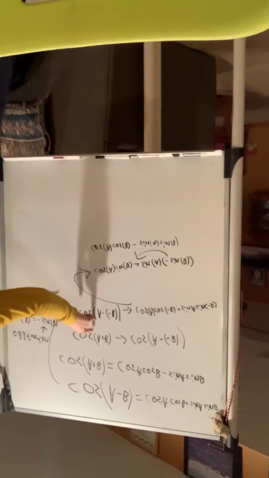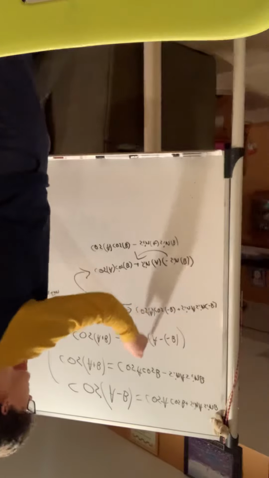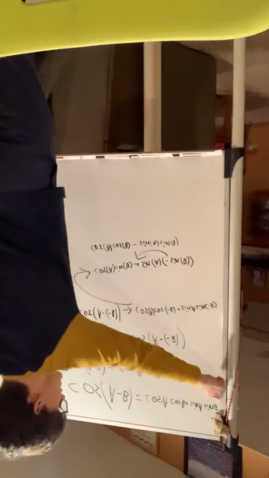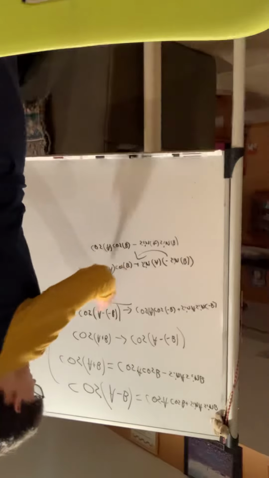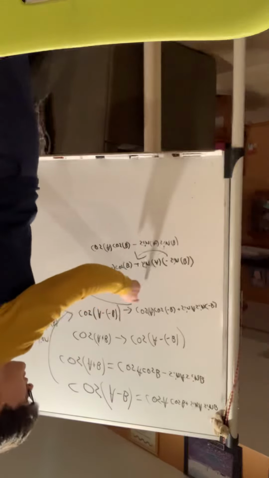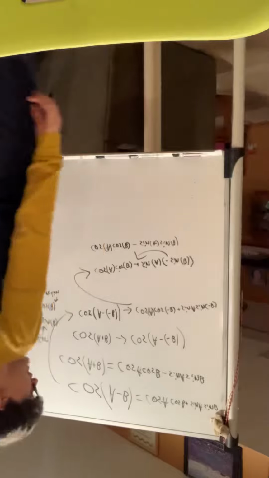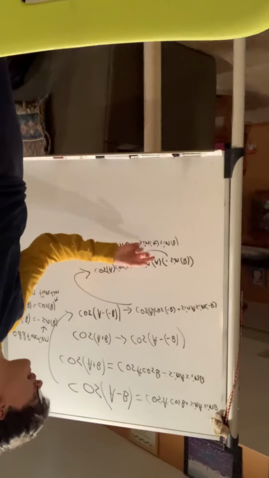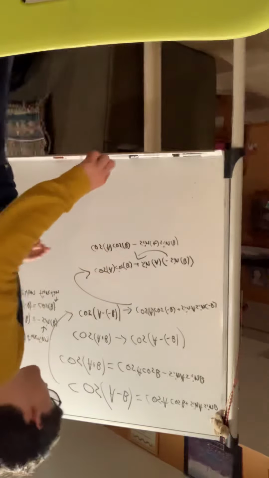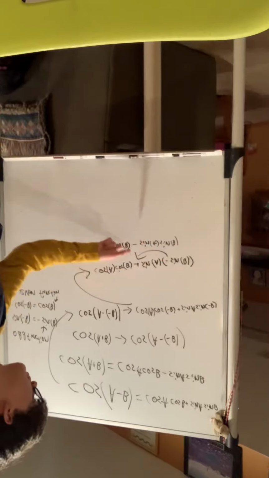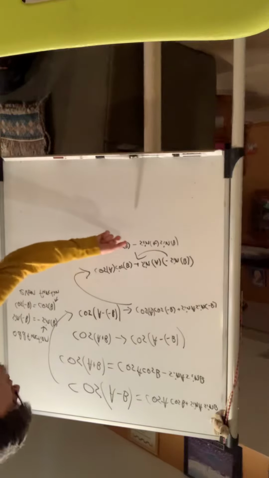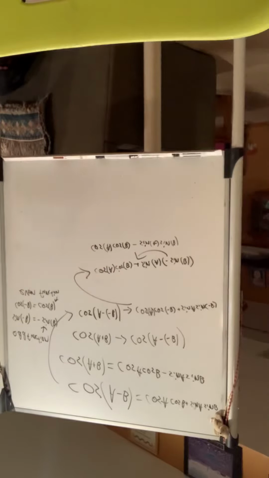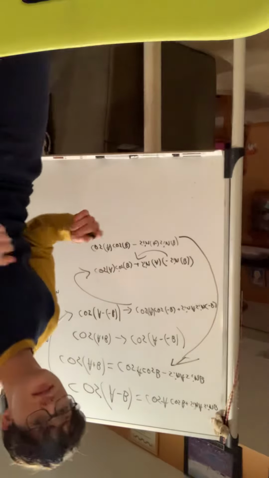So cosine (A minus negative B), using our formula, turns into cosine A cosine negative B plus sine A sine negative B, and using our even and odd functions, cosine A cosine B plus sine A times negative sine B. Then using basic algebra, we move the negative, cosine A cosine B minus sine A sine B, and that brings us right back to where we started, proving that it is right.